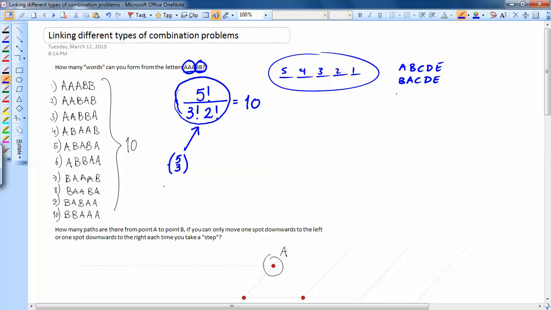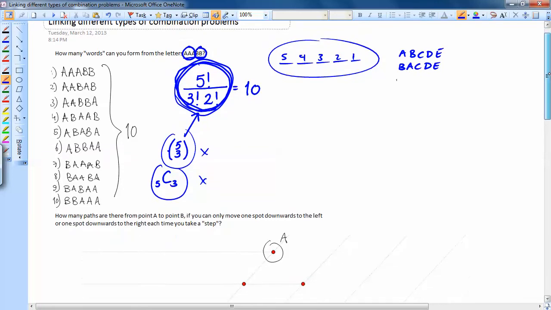And you can also link it to this 5 choose 3. The reason we link it, in my mind, is mainly because the equation for these 2 is identical to this. Normally I would just think of doing the actual factorial equations and not worry about these 2, but they are all equal. Okay, so that's that one.